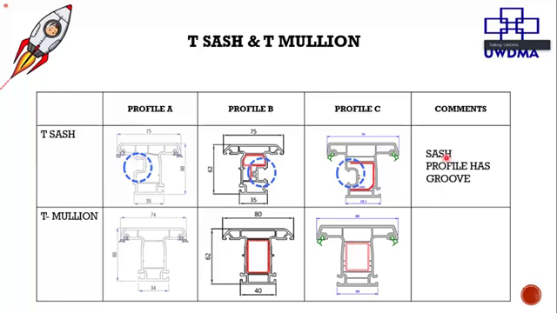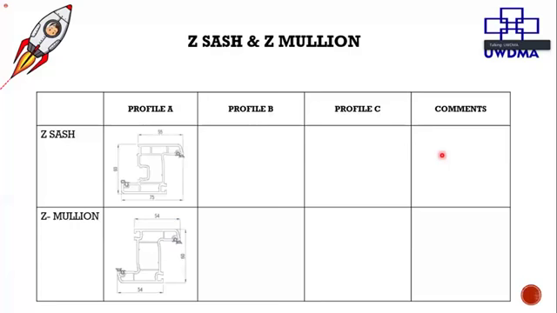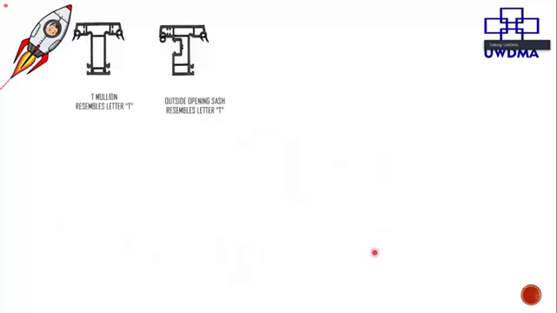The profile which has a groove is a sash profile, and the profile which is straight from both sides is a mullion. Similarly, if we compare the Z sash and Z mullion in all three profiles, the sash has a groove and the mullion profiles are straight.